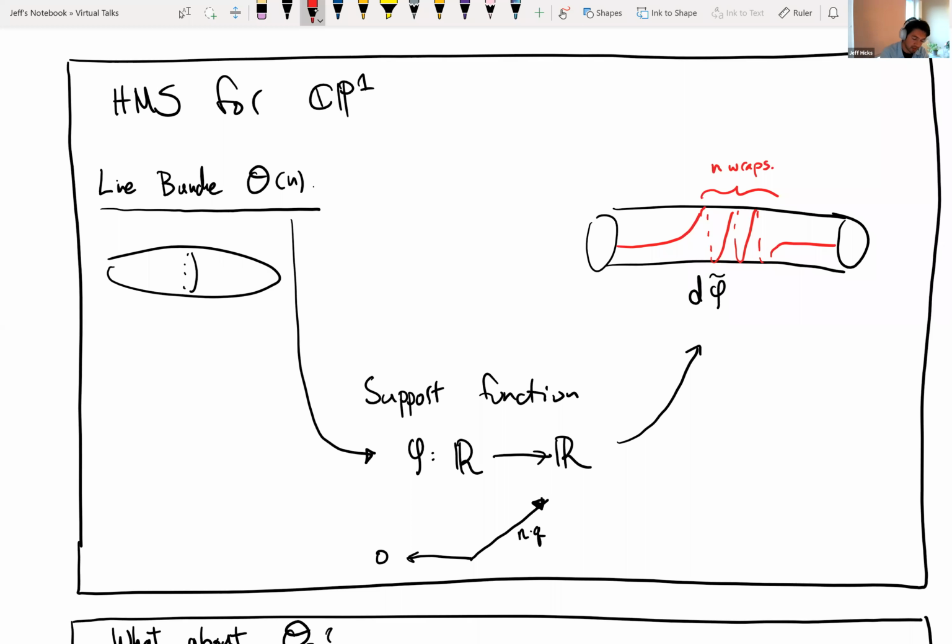In this particular example, the line bundle O(n) gets mapped to the Lagrangian, which wraps around n times before being wrapped up to the stops.